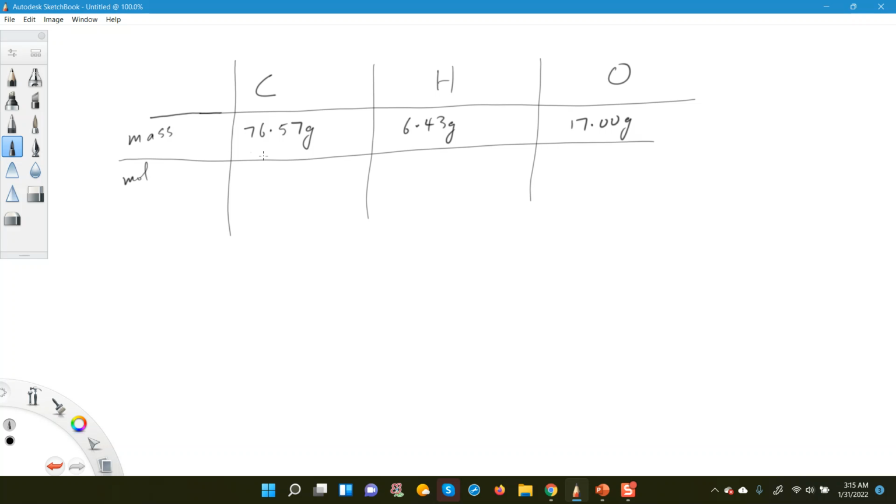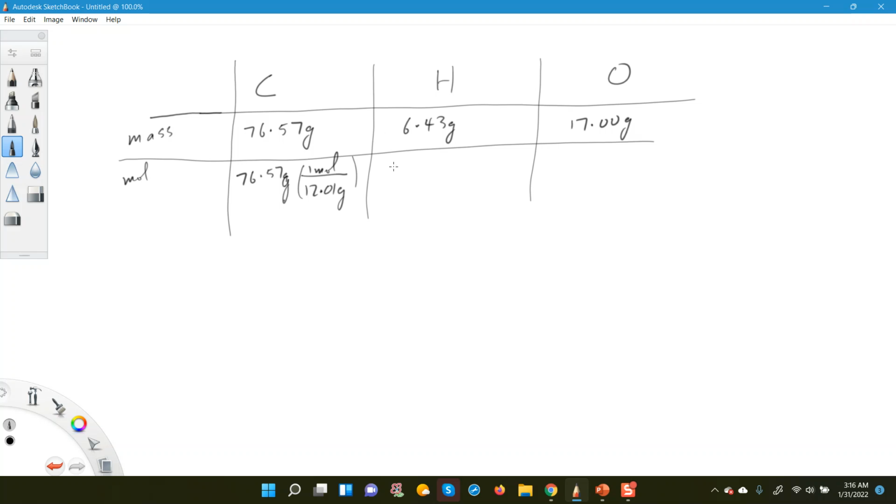So to get the moles, we know what to do. This is something that we learned earlier in this chapter. We take the mass in grams and we multiply it by, in the case of carbon, 1 mole divided by 12.01 grams, which is the molar mass, all right?